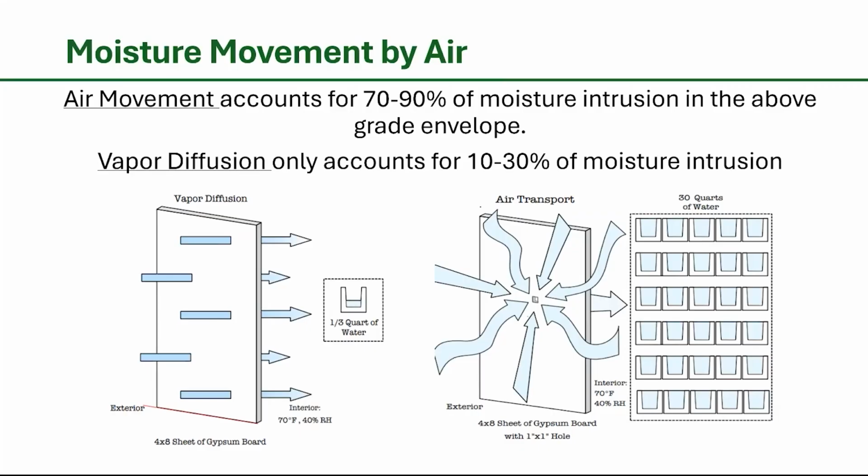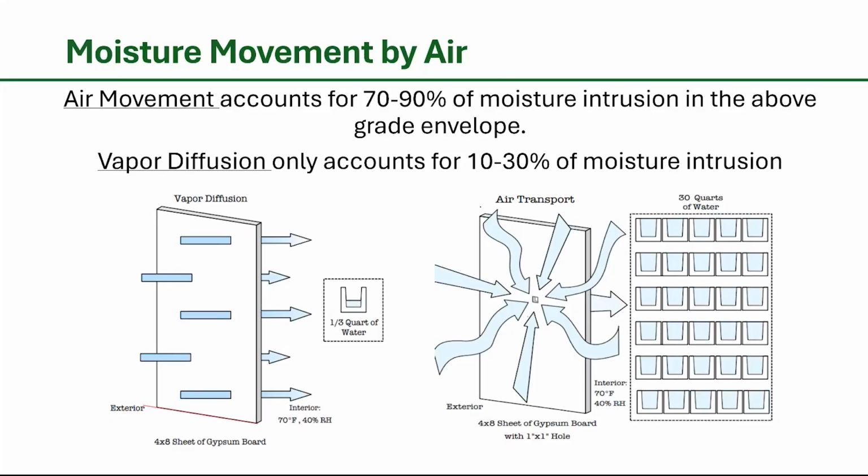Back when Joe Lstiburek and the Building Science Corporation people were figuring out the basis for air barriers and air permeance and vapor permeance, they started out with a 4x8 sheet of gypsum board. And they tested it under laboratory conditions. They put a vapor drive on it just to see how much vapor diffusion they would get through a 4x8 sheet of gypsum board, and they ended up with a third of a quart of water.